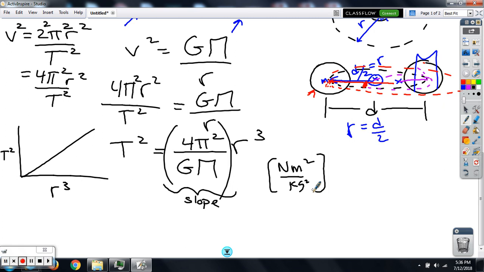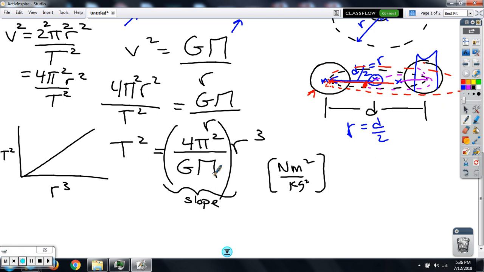If you were talking about a satellite going around the Earth, then you would still use the same value for big G, but then you would use the mass of the Earth because that's the thing that the satellite is going around. So those values change depending on the system.